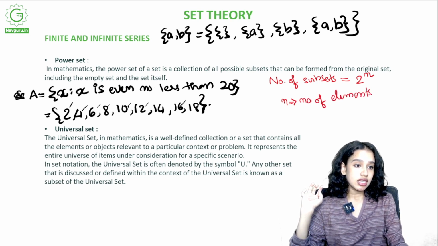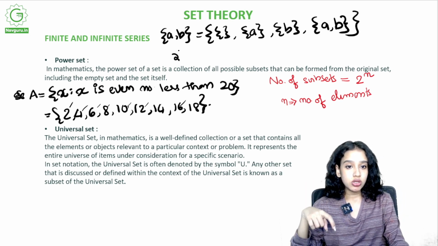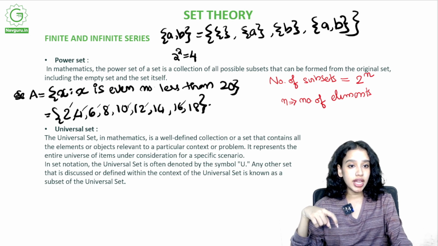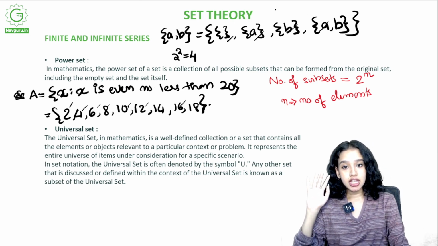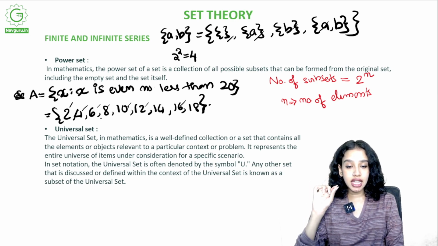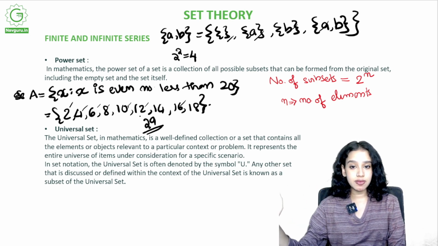Let's see how. We had 2 elements in the set here. So 2 raised to 2 is equal to 4, and we have 1, 2, 3 and 4 subsets, right? Now here we have 9 elements. So 2 raised to 9 would be the number of subsets produced by this set.